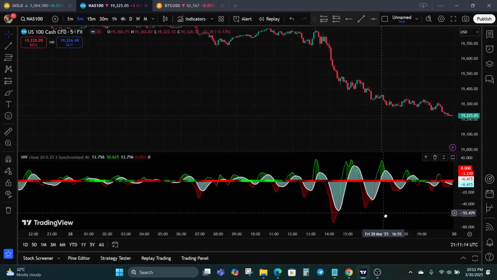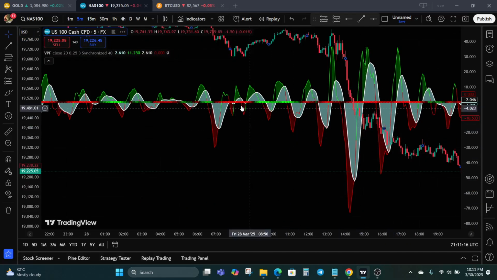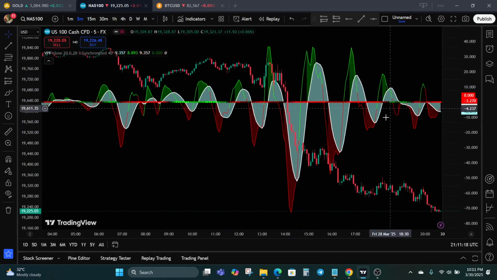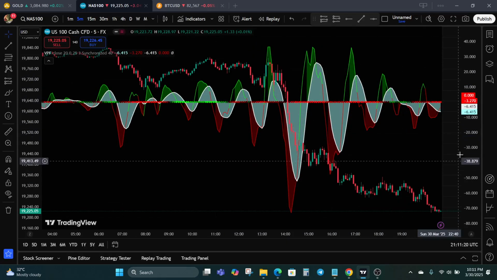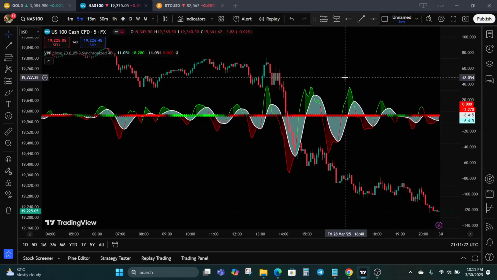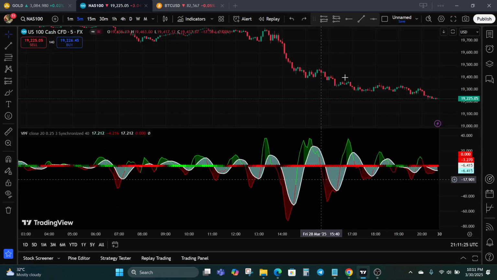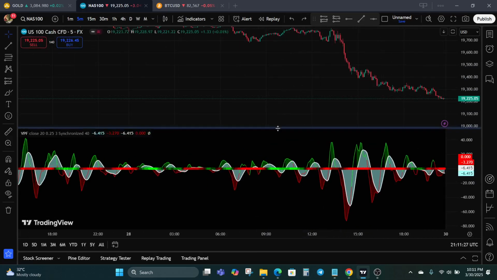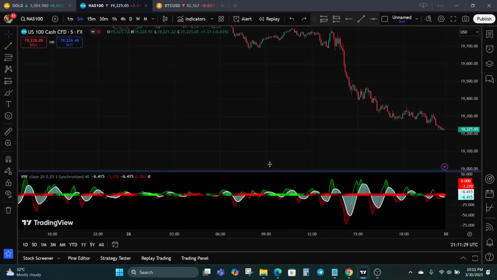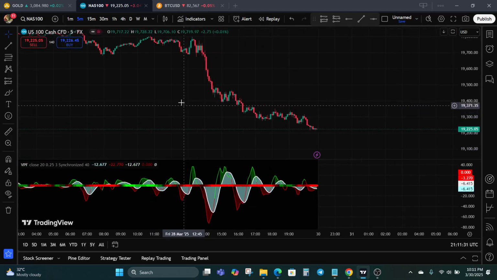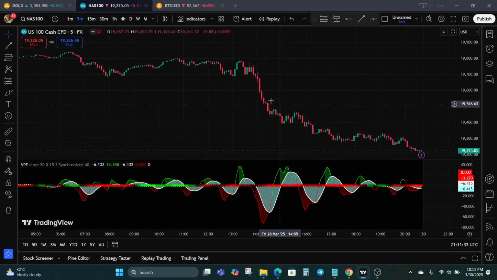So now, when we have a prevailing trend in the market, the indicator can predict if that particular trend is going to continue.